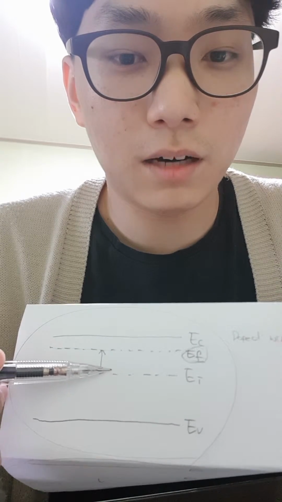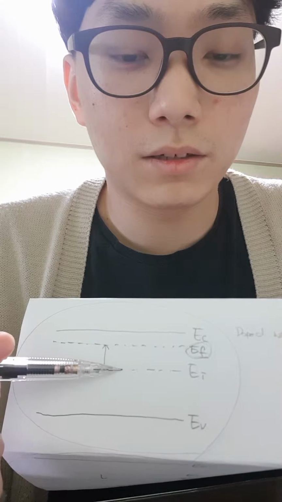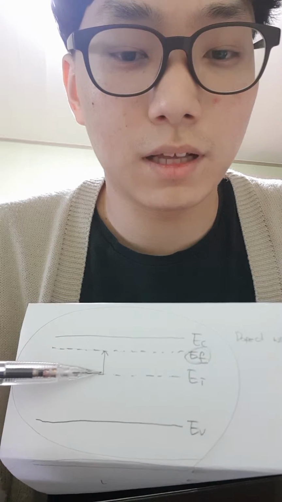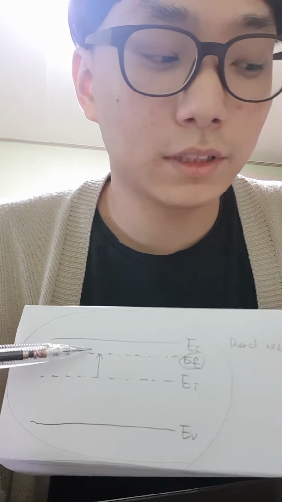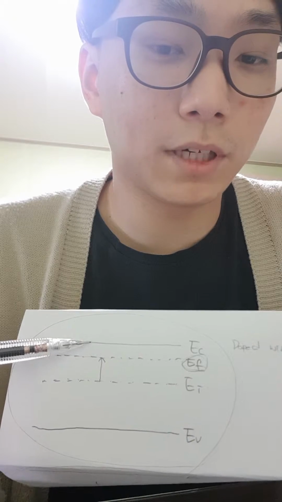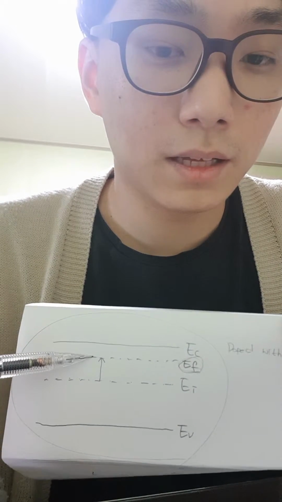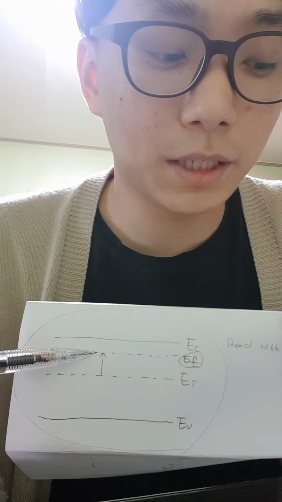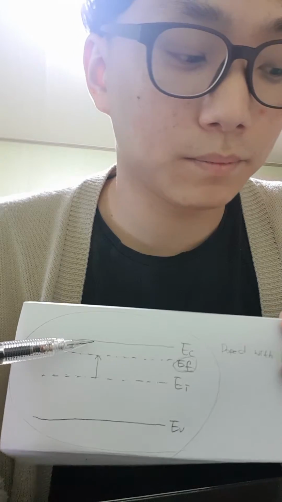At the middle between the conduction and valence band, there is the intrinsic energy here, and because the silicon crystal is doped with phosphorus, the Fermi level moves to the conduction band.